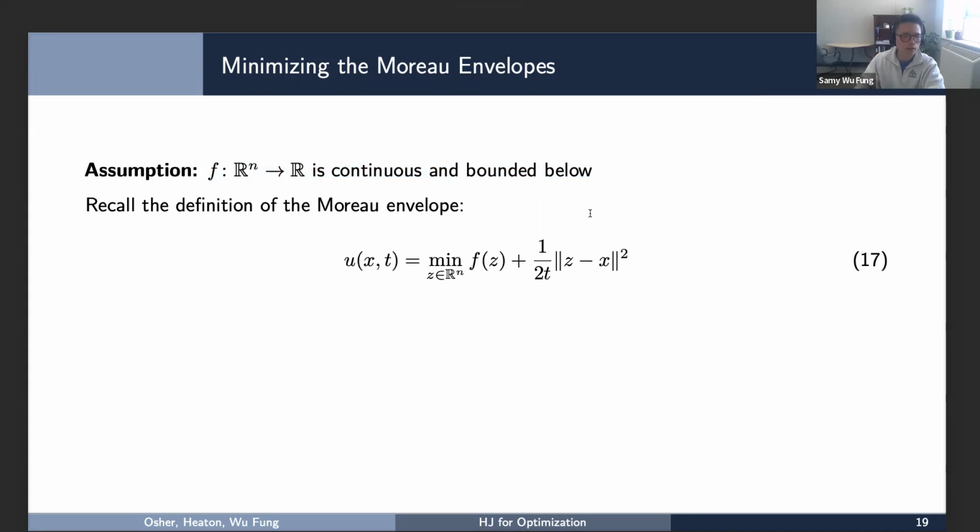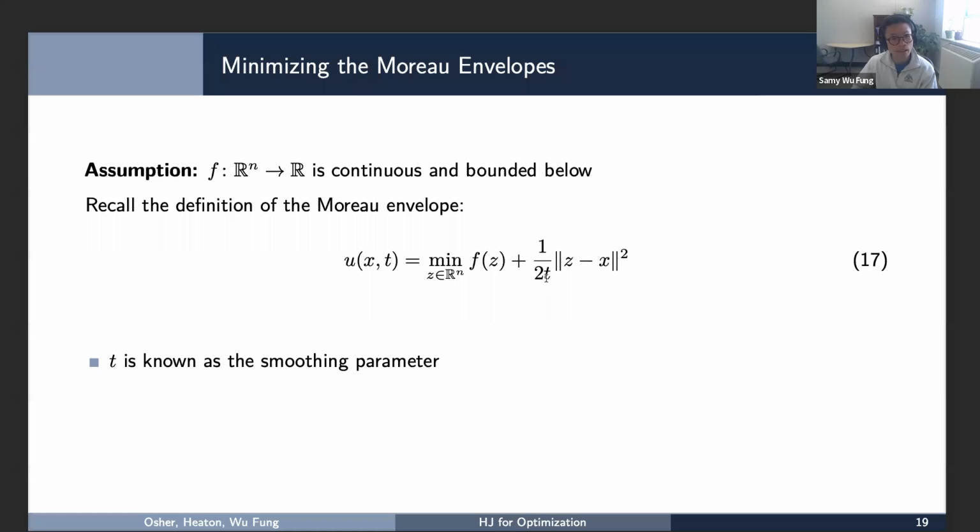I'm going to quickly recall the definition of the Moreau envelope, where it's the minimum of this f plus this proximity term. Here t, it turns out, is a smoothing parameter, as you might have already seen from this Hamilton-Jacobi connection.